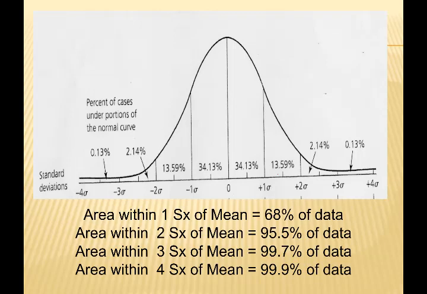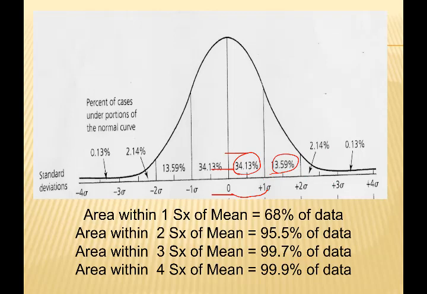If you look at this graph here, this is a standard graph of a normal distribution, with the 0 in the middle. If you go one standard deviation out, that includes 34.13% of the data. And likewise, the same thing on the other side. If you take it one step further out by a standard deviation, it adds another 13.59% on either side.